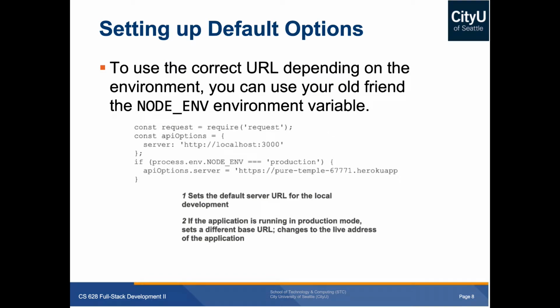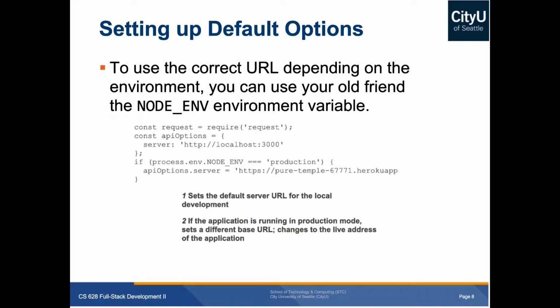And we can use the correct URL depending on the environment. You can use your old friend, the NODE_ENV environment variable. If you have a .env file with a NODE_ENV there, you can have values. So we can create a variable called apiOptions, wherein we define the server to have a value of localhost, for the localhost playground or development.